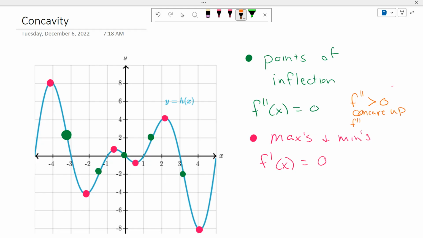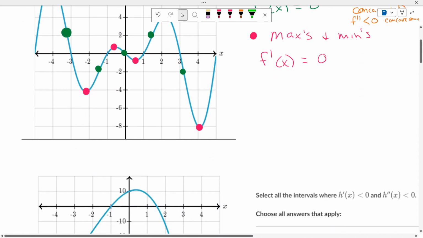And if the second derivative is negative, it's concave down. And that's what we'll work on today, those concepts. Okay? Concave up, concave down, and so on.